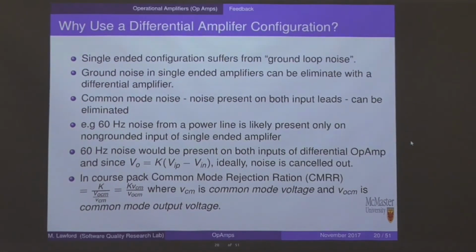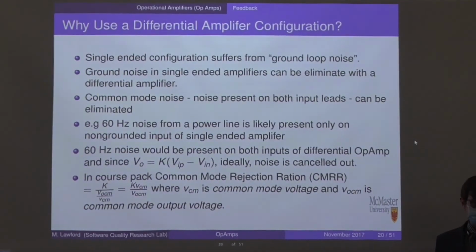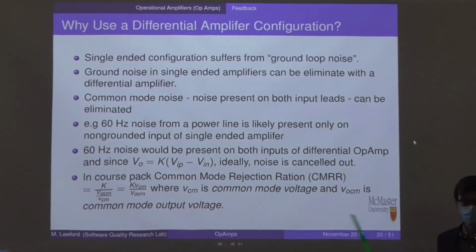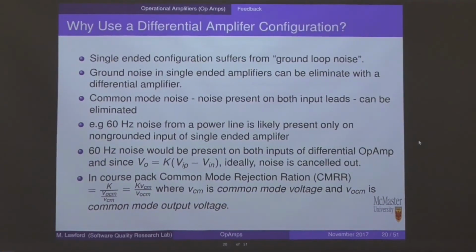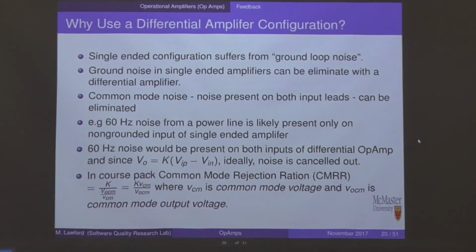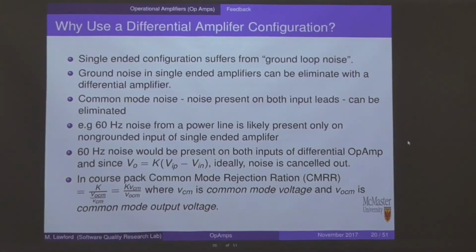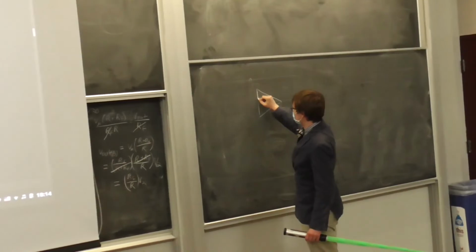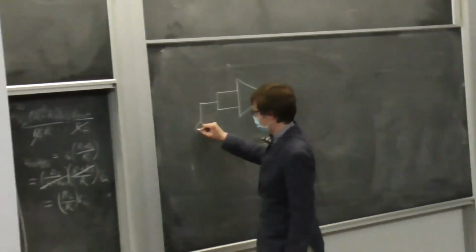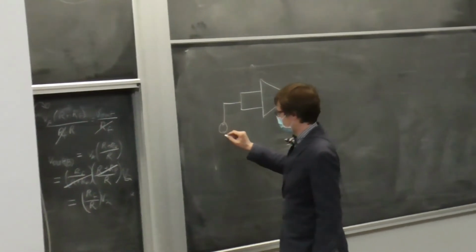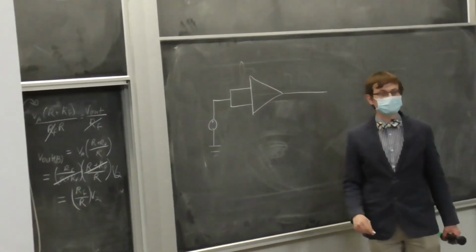So let's talk about common mode noise. This is another way in which operational amplifiers are not as ideal as specified. In an op-amp, it turns out that if you take the two leads of an op-amp, connect them together and connect them to some voltage source, like so, you will detect some noise.